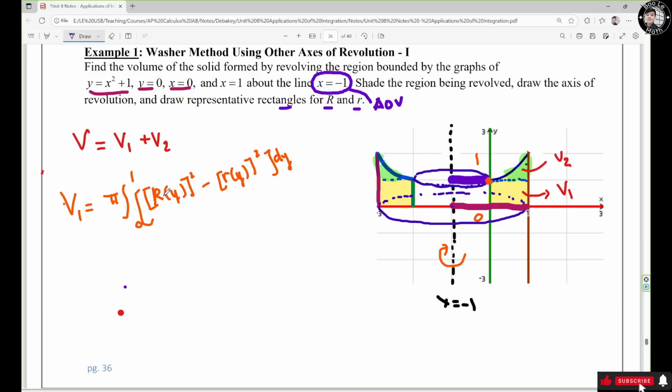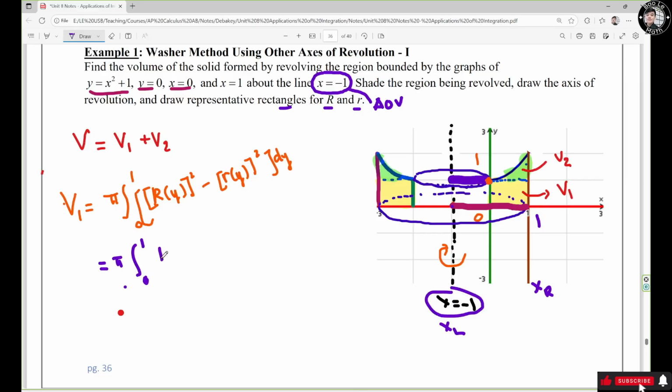Now the bigger radius is x right subtract x left, right? x right is right here. x left is right here, right? So it's going to be pi, the integral from 0 to 1. x right is 1, x left is negative 1, right?